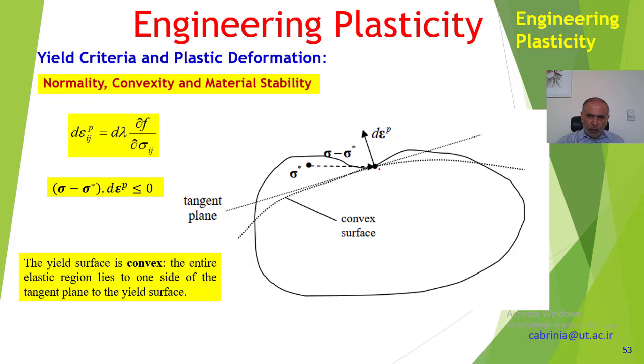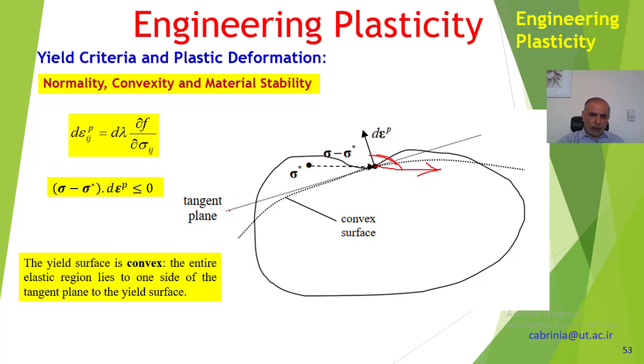If we continue, put the starting point here and go in that way, we have just translated it over here, and we got this angle which is more than 90. Okay, this angle is more than 90, so this becomes negative and it's not stable, so it's not correct. So we can't have a concave surface.